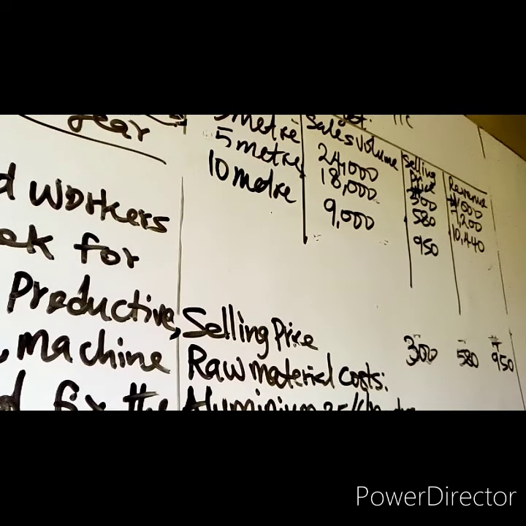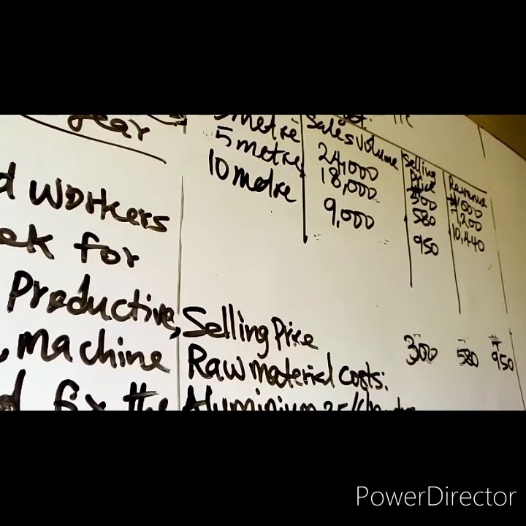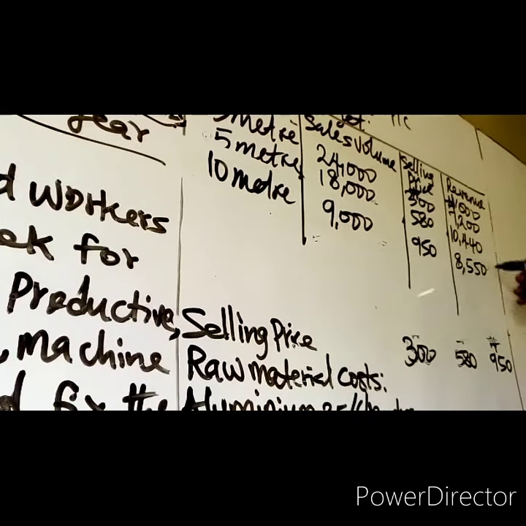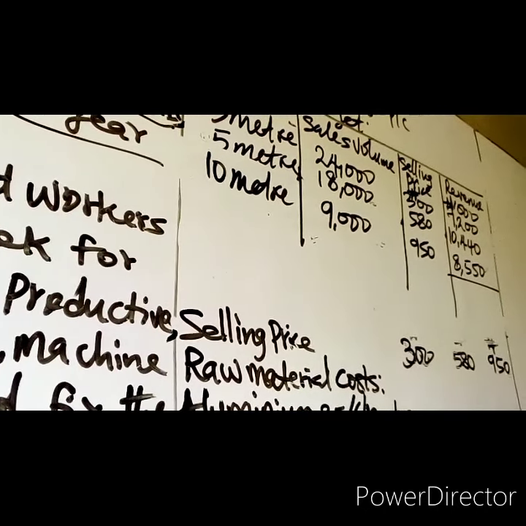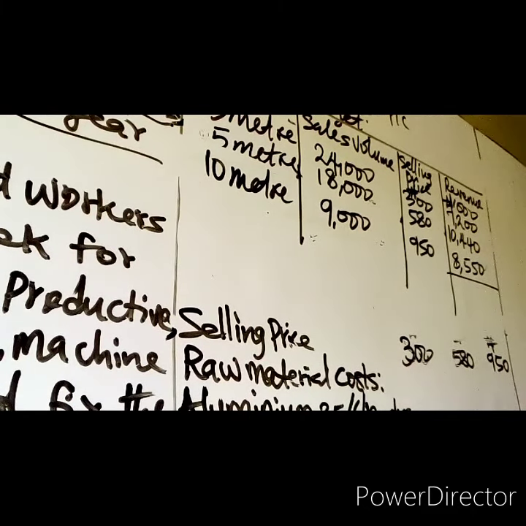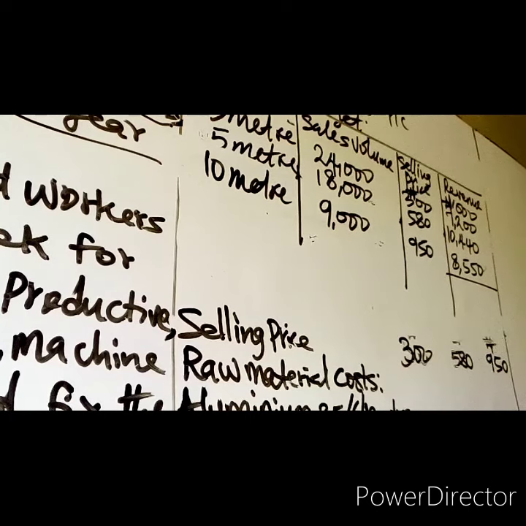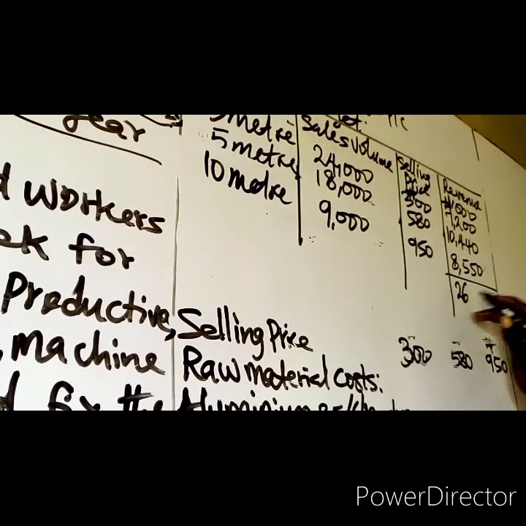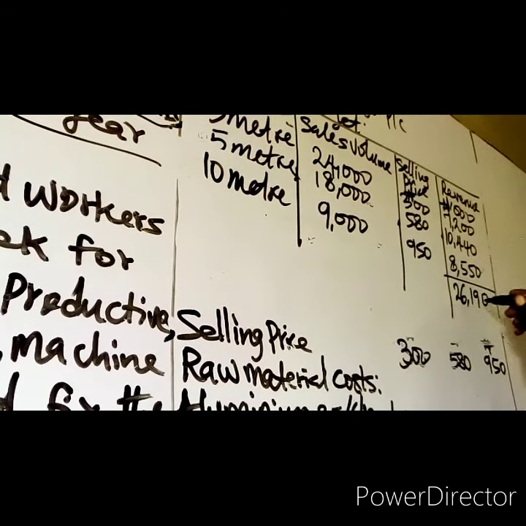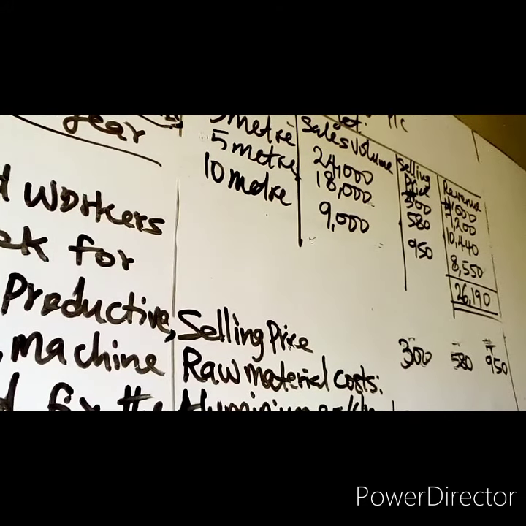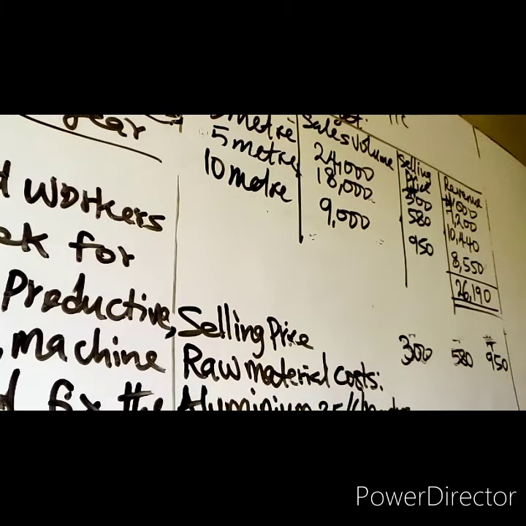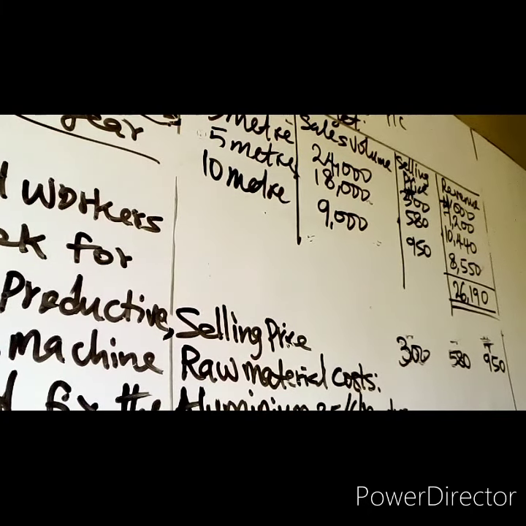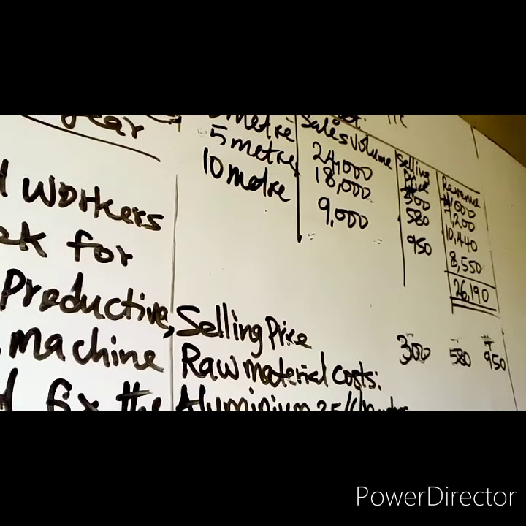Then 9,000 times 950 gives us 8,550,000. Now, when you sum up 7,200 plus 10,440 plus 8,550, you have 26,190,000. That is the budgeted sales revenue. That is the requirement in A.